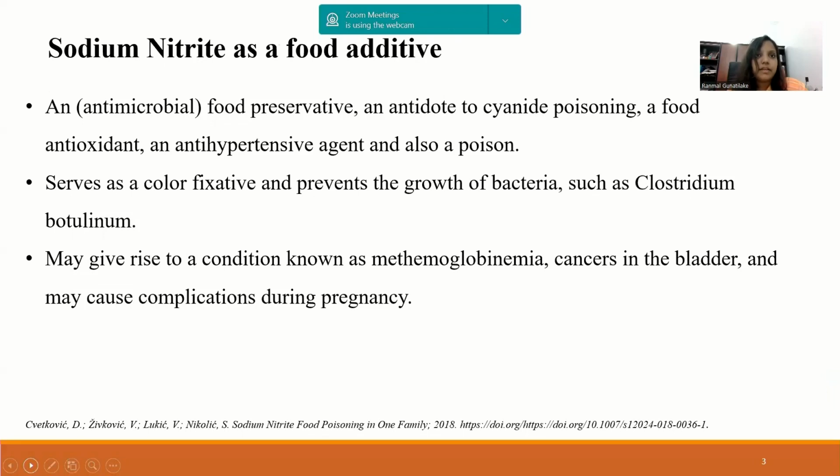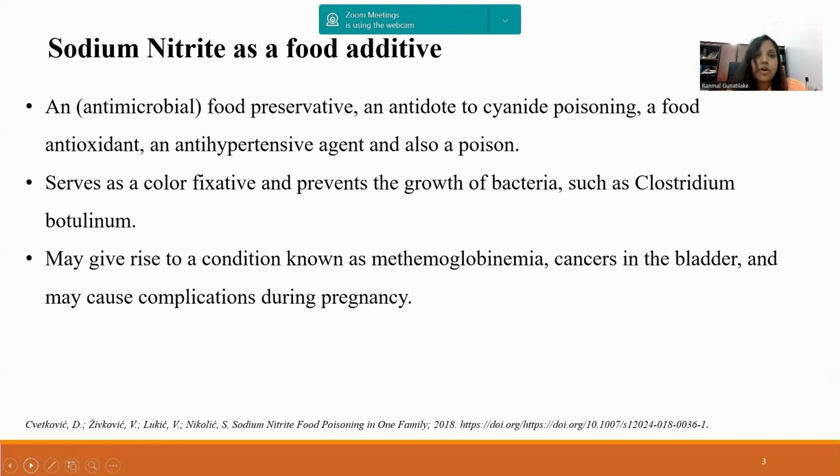Sodium nitrite is an inorganic salt of sodium containing nitrite as the counterion. It serves as an antimicrobial food preservative, an antidote to cyanide poisoning, a food antioxidant and antihypertensive agent, and also a poison.